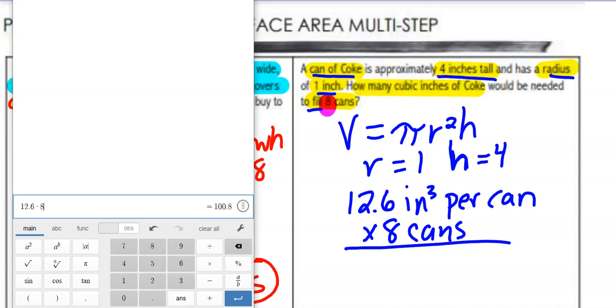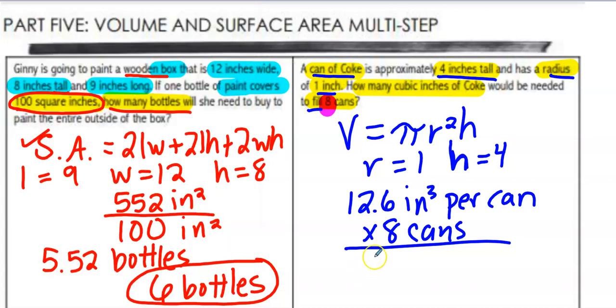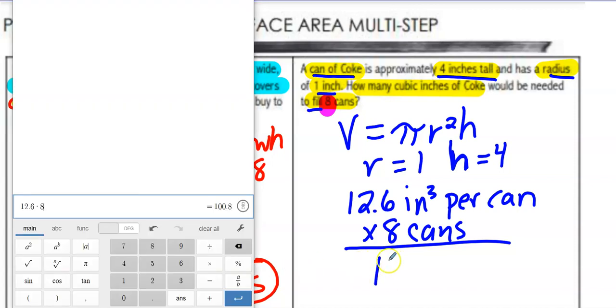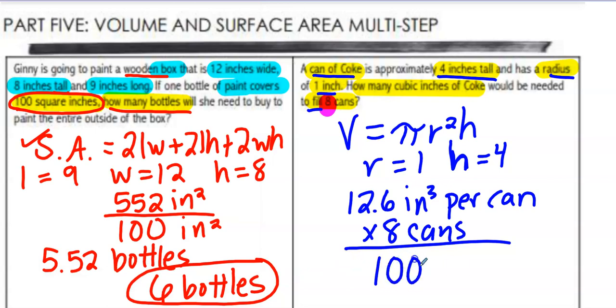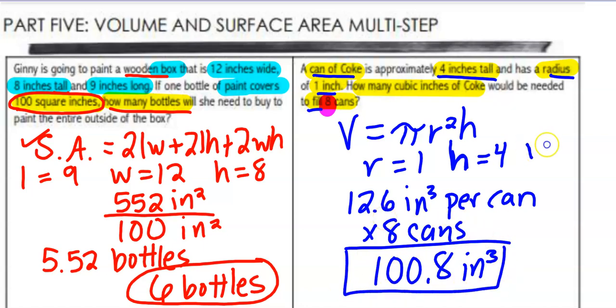And I get 100.8 cubic inches. And again, that's because this is 2 steps. We had to figure out the volume, and we also had to figure out how much it was to fill 8 cans.